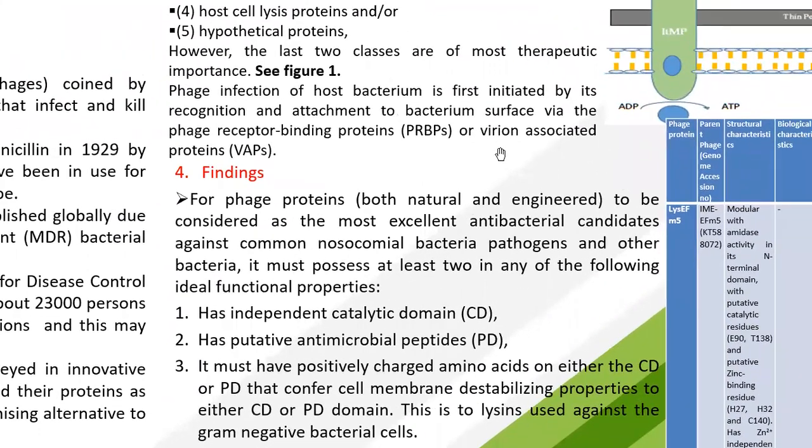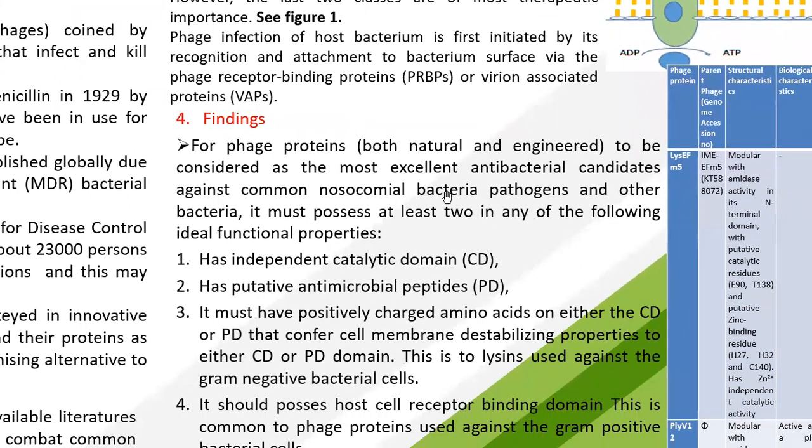Research has shown so far that for phage proteins, both natural and engineered, to be considered excellent antimicrobial candidates against common nosocomial bacterial pathogens and other bacteria, they must possess at least two of the following ideal functional properties.